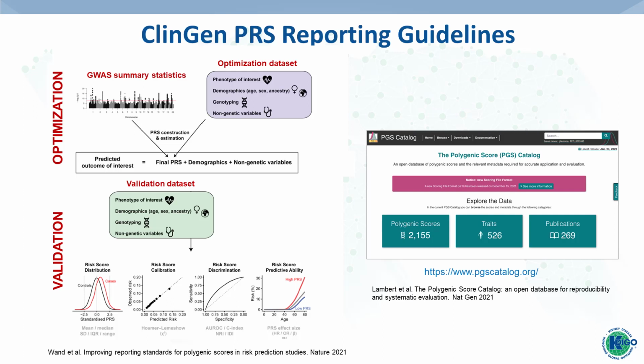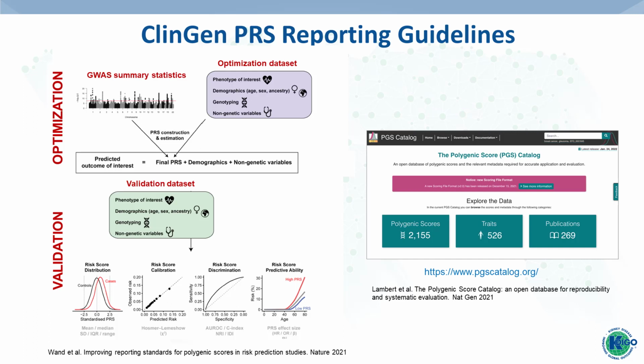In order to support this standardized reporting of polygenic risk scores, the polygenic risk score catalog has been established as well, similar to the GWAS catalog, that catalogs all of the polygenic risk scores that are published and catalogs standardized metrics of performance as well as risk score equations themselves to enable reproducibility of these findings.